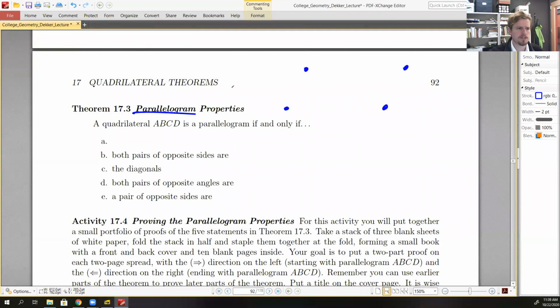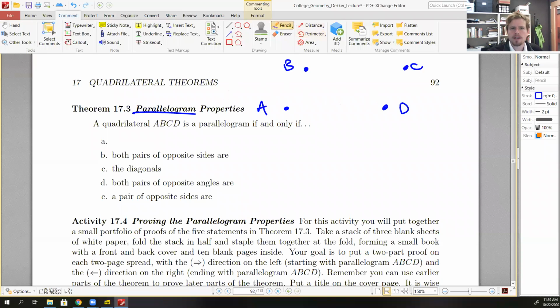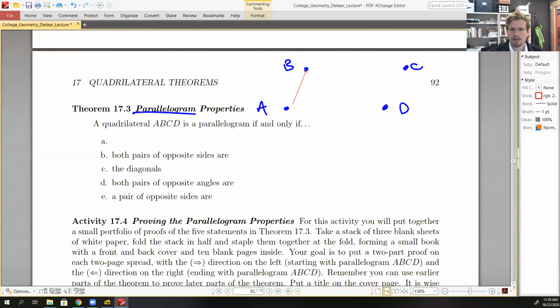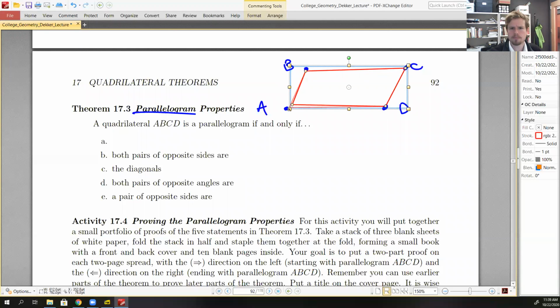So let's consider 4 vertices, A, B, C, and D. And because we can, let's go ahead and place the parallelogram there. So it should look something like a parallelogram. That looks pretty good.